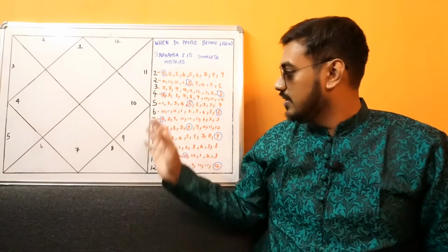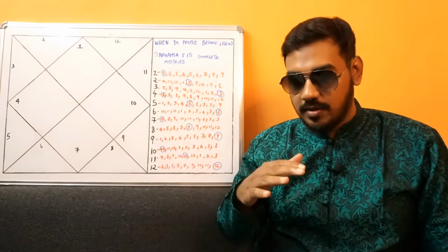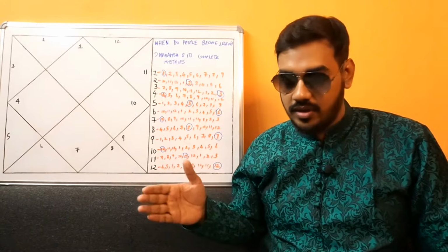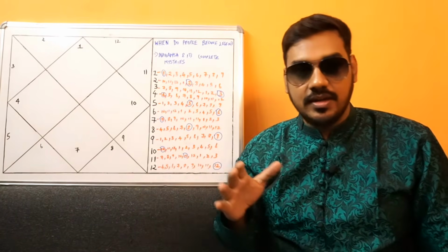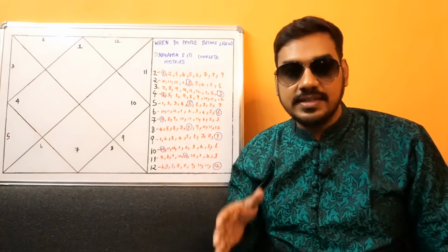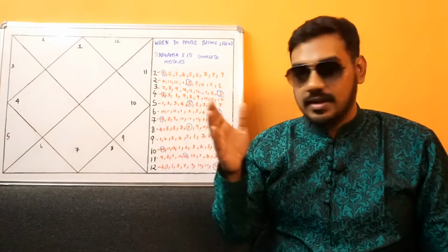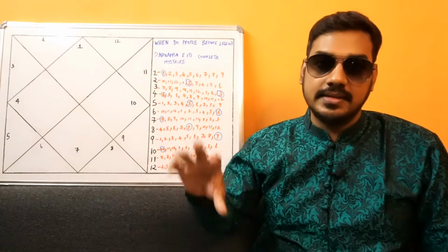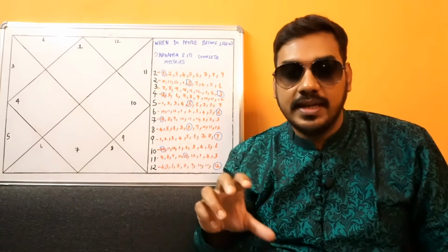So, you have to remember that for movable signs, Aries, Cancer, Libra and Capricorn, it starts with own Navamsha. For fixed signs, that is Taurus, Scorpio, Leo and Aquarius, its Navamsha will be falling in the fifth part.